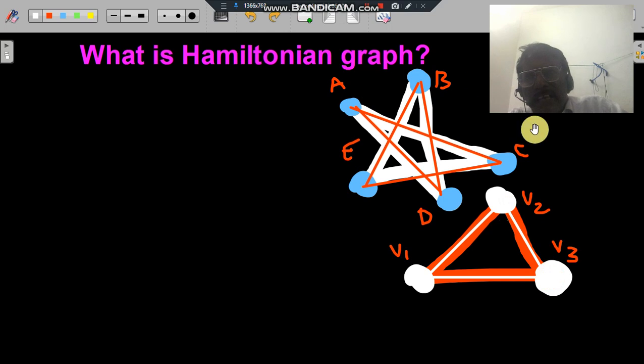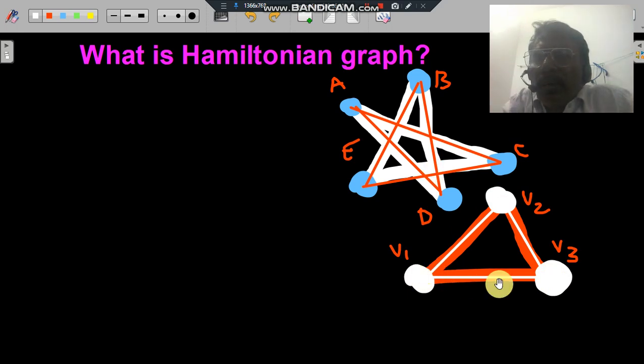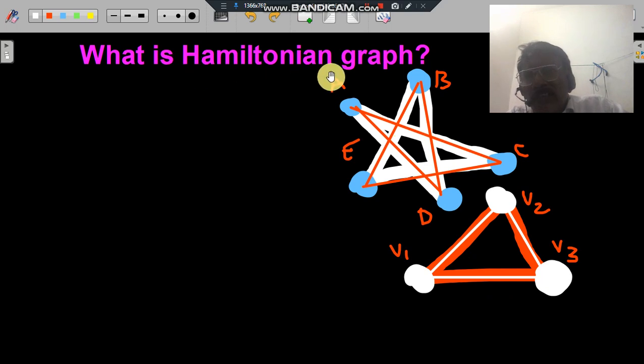So these are graphs where there exists a cycle such that each vertex appears but once. The cycle crosses each vertex but once. This is a speciality in these two graphs, and this type of graph we call a Hamiltonian graph.